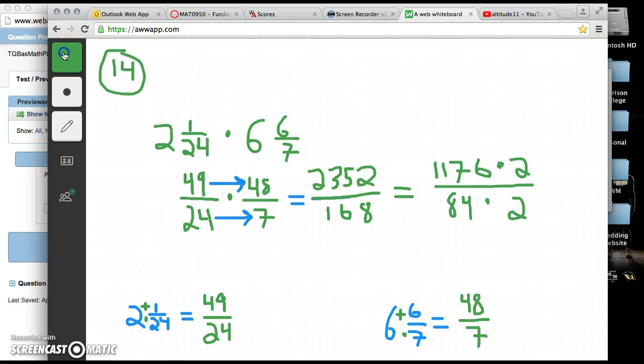So really what is happening here is this factor of 2 cancels out. What this is telling us is that 2,352 over 168 is the exact same thing as 1,176 all over 84. We just took a factor of 2 out of the numerator and a factor of 2 out of the denominator, and this is exactly what we were left with.